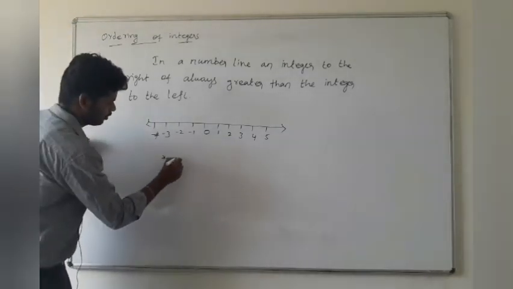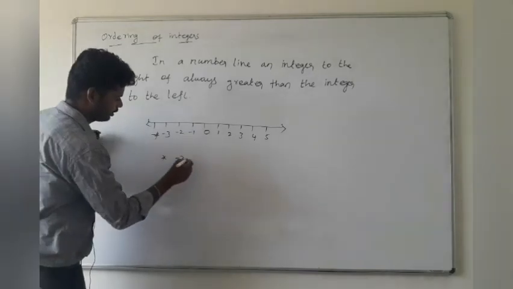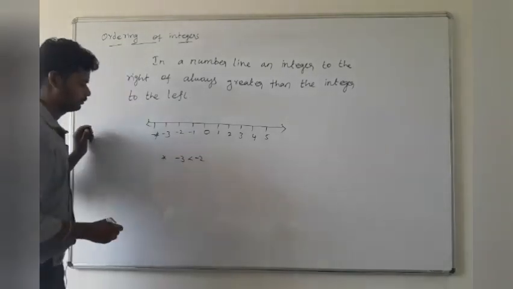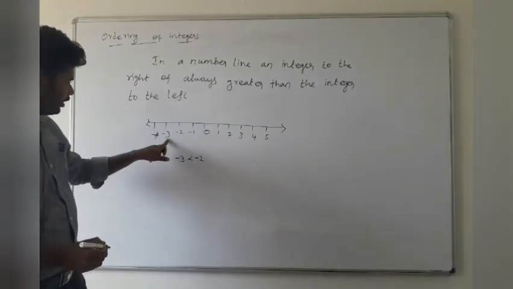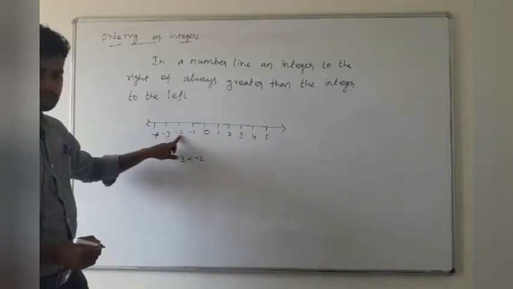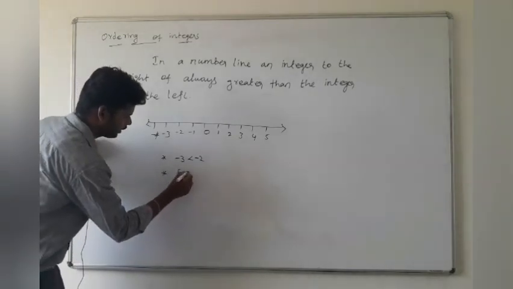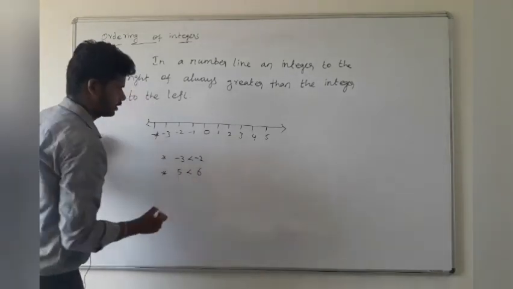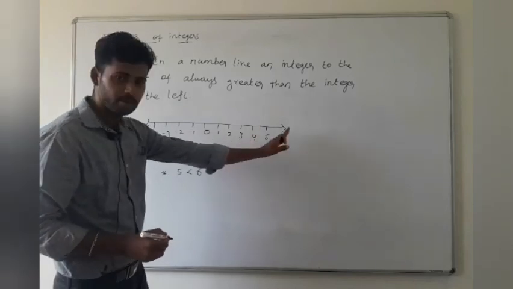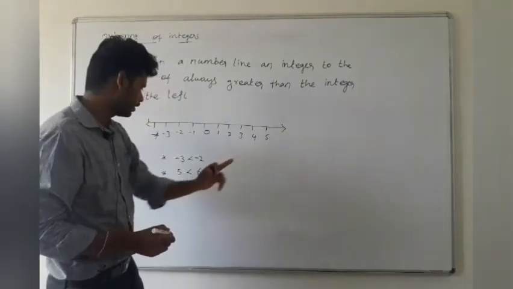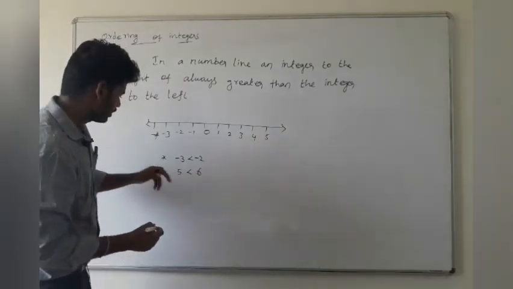Here minus 3 is less than minus 2. Minus 3 here, minus 2 here. Which one is the greatest number? So minus 2. 5 is less than 6. Here 5, next number 6 comes, then 7, 8 going on, that is increasing order. So 5 is less than 6.